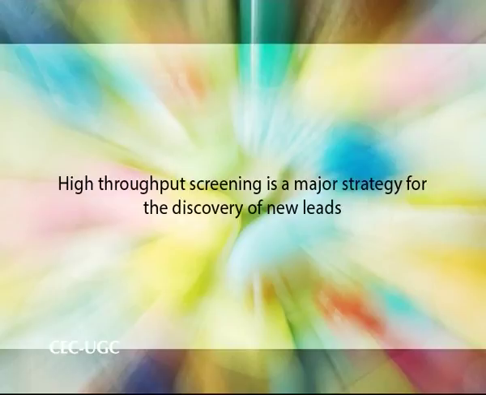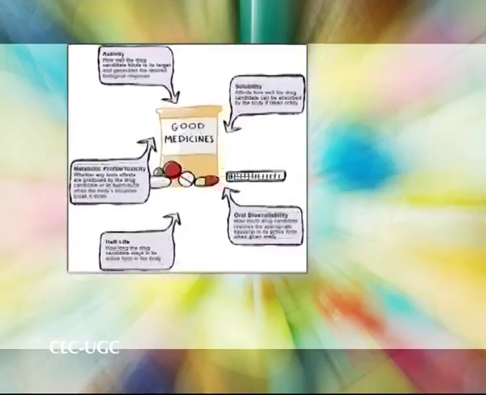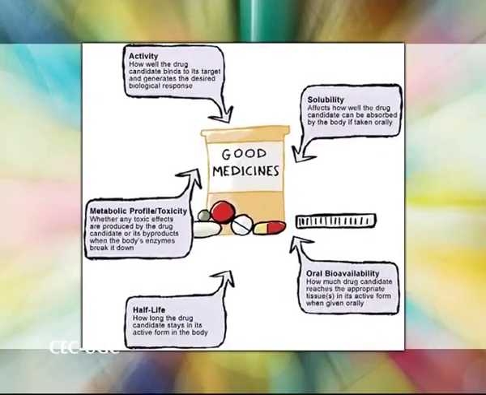High-throughput screening is a major strategy for the discovery of new leads. With bioinformatics, protein targets are screened against databases of small molecule compounds to see which molecule binds strongly to the target. A unique lead molecule should possess the following desirable features, shown in the figure.